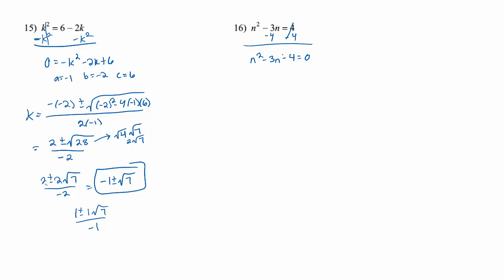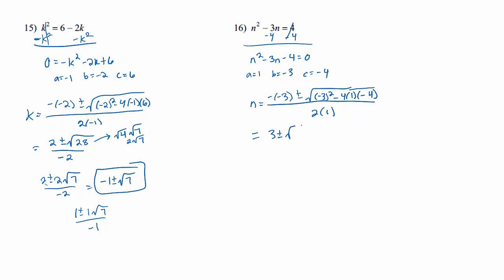And this is n equals -3 plus and minus the square root of -3 squared minus 4 times a times c, all over 2a. So this is 3 plus and minus the square root of 9 plus 16, which is 25, and I didn't need that big of a square root. The square root of 25 is 5. So 3 plus and minus 5 over 2.